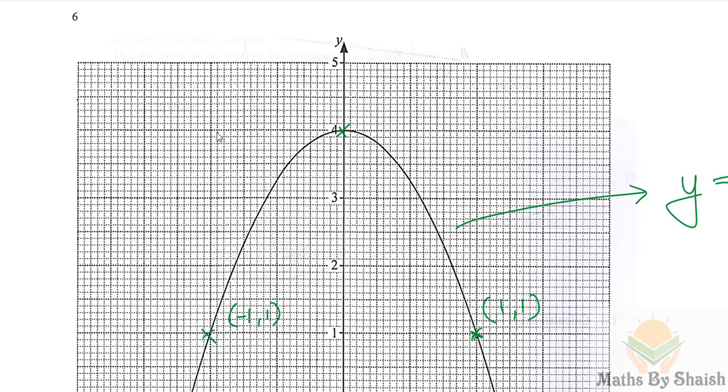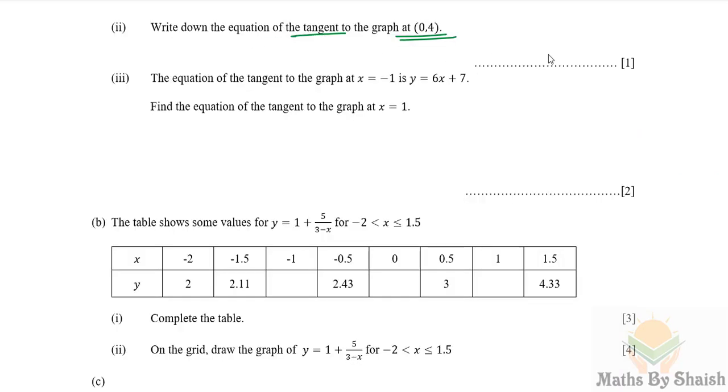Means if we draw a line or tangent here, see this is a tangent, and we can see the tangent is going to be parallel to the x-axis, a horizontal line, and hence the equation of the tangent would be y equals 4. A horizontal line passing through 4 is the y equals 4 line. So we'll write the equation of the tangent to the graph at (0, 4) is y equals 4.